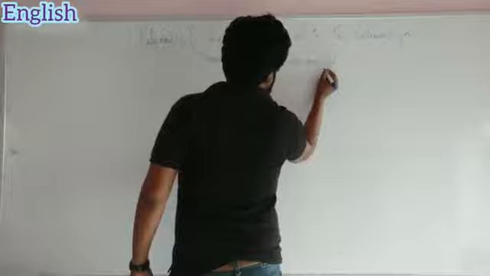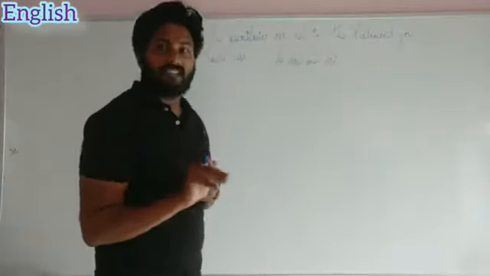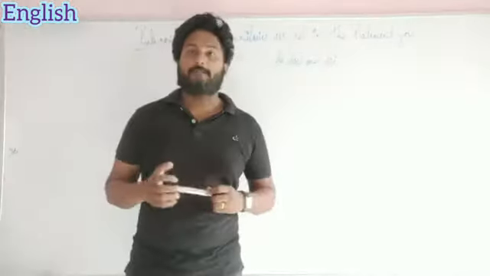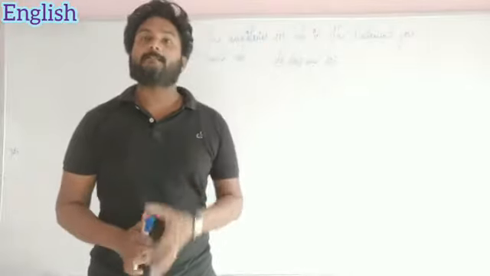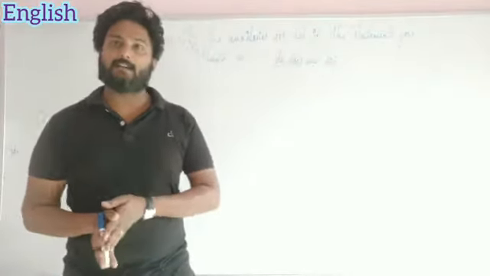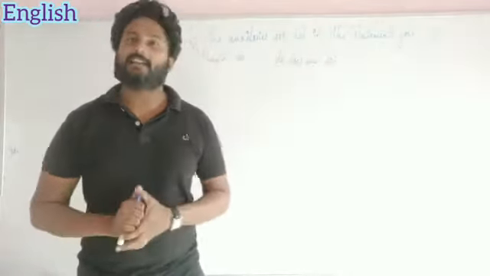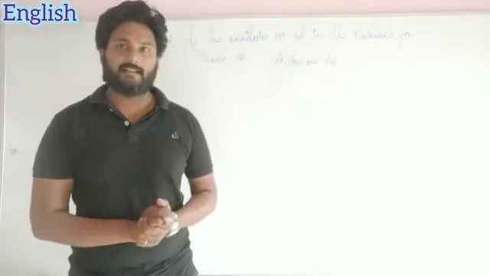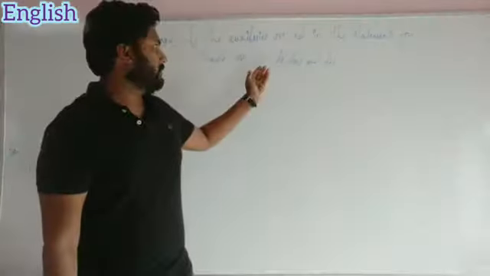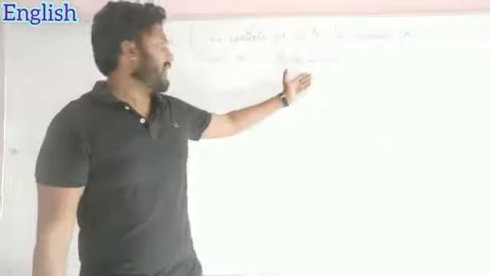See, the second rule says that if there is an absence of auxiliaries, ಸಹಾಯಕ ಕ್ರಿಯಾಪದಗಳು ಆ ಒಂದು ಸ್ಟೇಟ್ಮೆಂಟ್ ಅಲ್ಲಿ ಇರಲಿಲ್ಲ ಅಂದ್ರೆ, in the absence of the auxiliaries, you should use three words: do, does, and did.